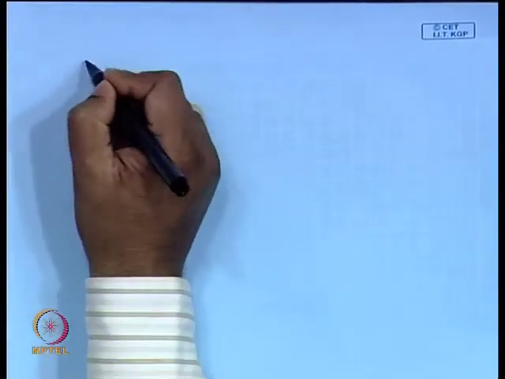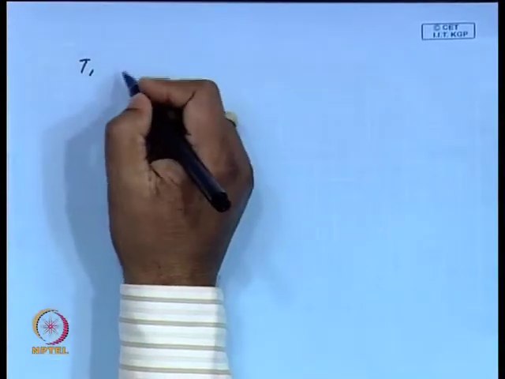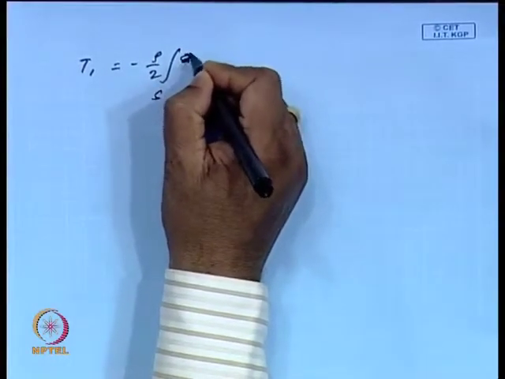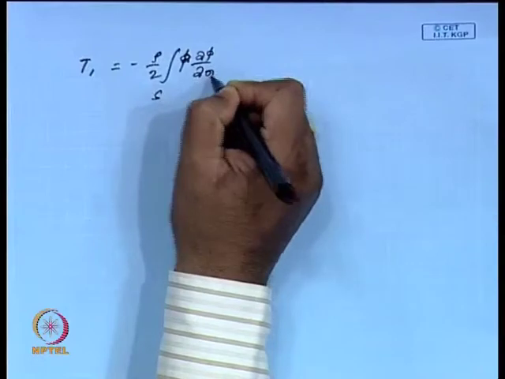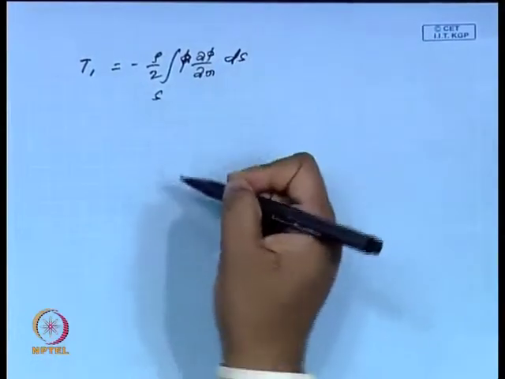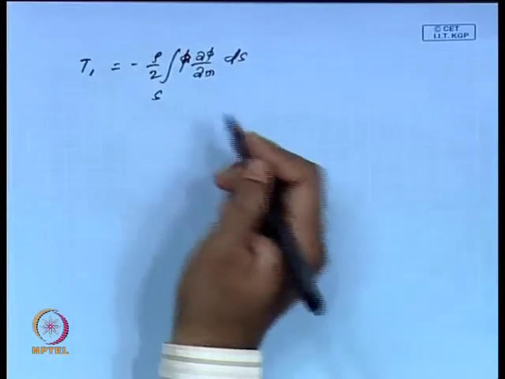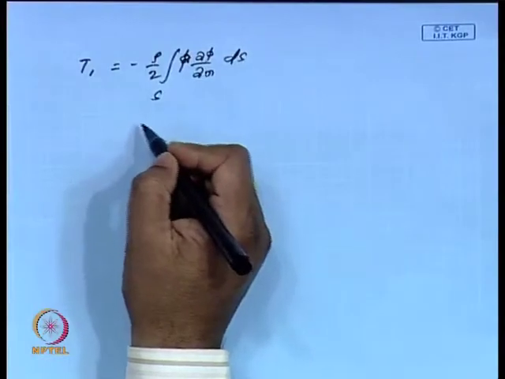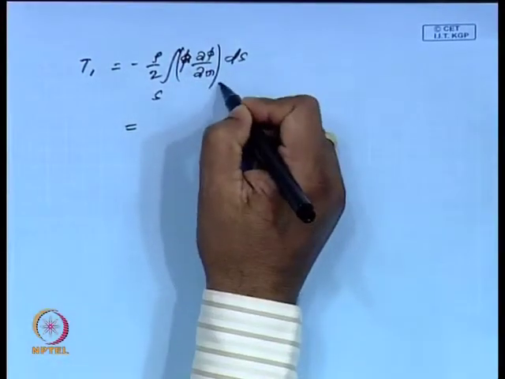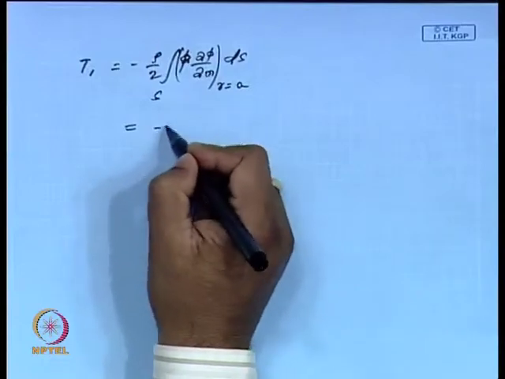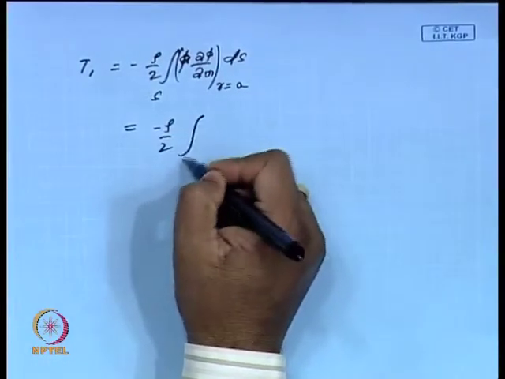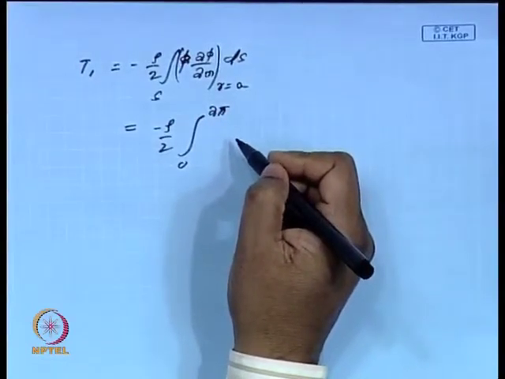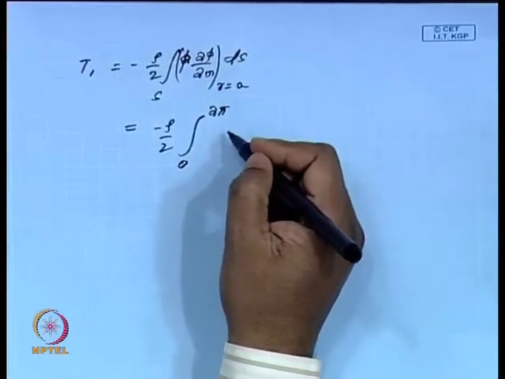Then my T1 will be minus ρ/2 integral over S φ ∂φ/∂n dS, and this is on the boundary of the cylinder. So, on the boundary of the cylinder I calculate it at r equal to a. So, I can write this as minus ρ/2 integral 0 to 2π, because I have a cylinder of radius a and r equal to a.